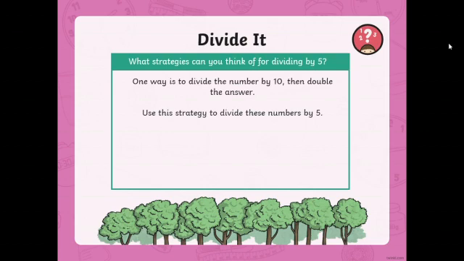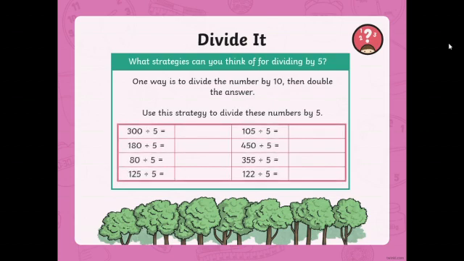To divide by 5, one way is to divide the number by 10 and then double the answer. When we divide by 10, our numbers move one place to the right, and then all you have to do is double your answer, because you need twice as many 5s as you would 10s, because 5 is half of 10.